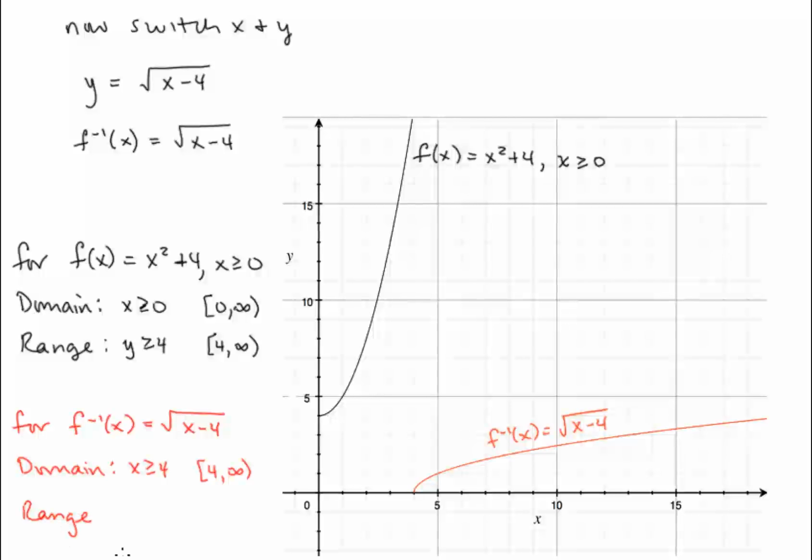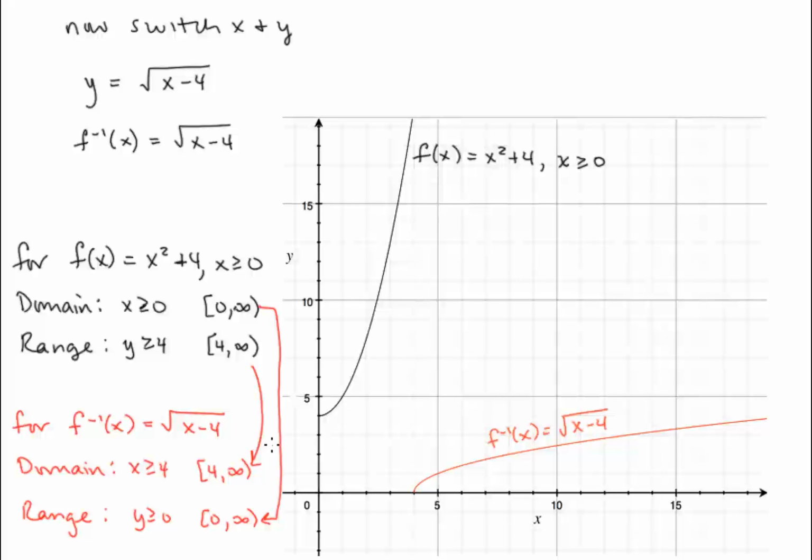And the range is y values greater than or equal to 0, or 0 to infinity. Notice what happened here. The domain we had for f is now the range for f inverse. And the range we had for f is now the domain for f inverse.